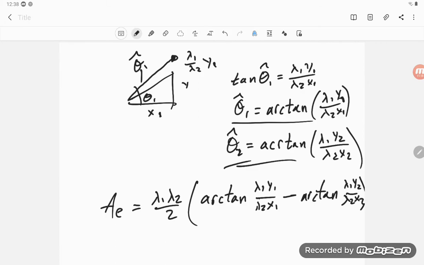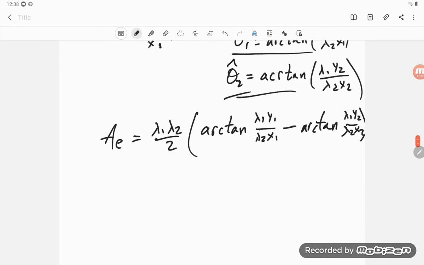So, it's not the prettiest formula, but in the end, not bad.